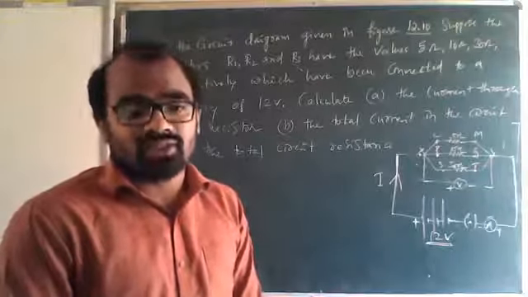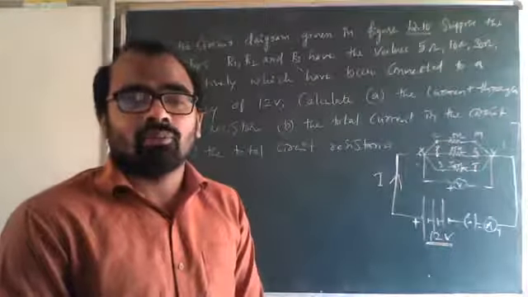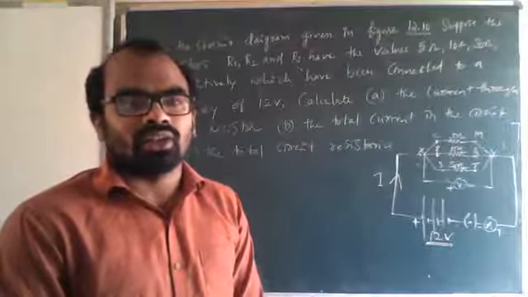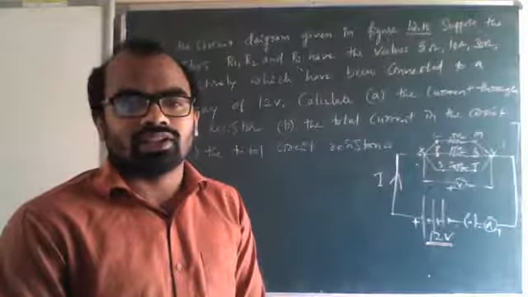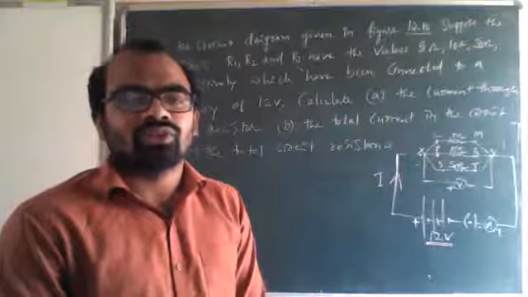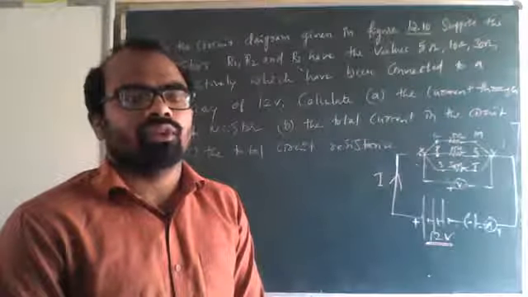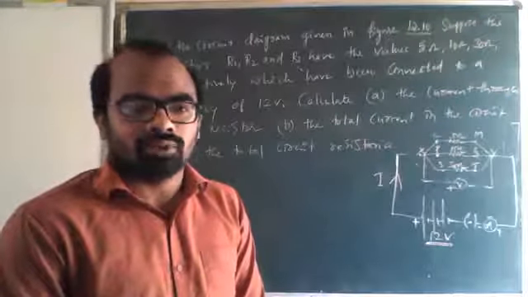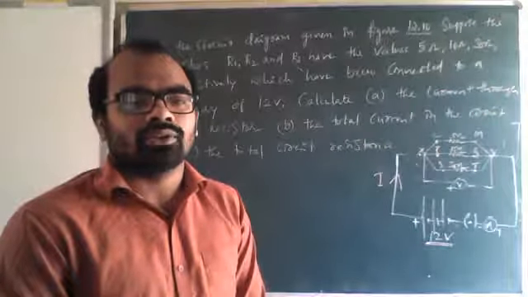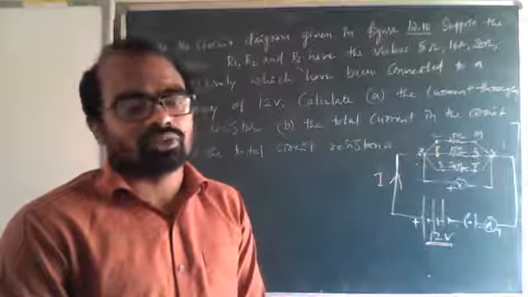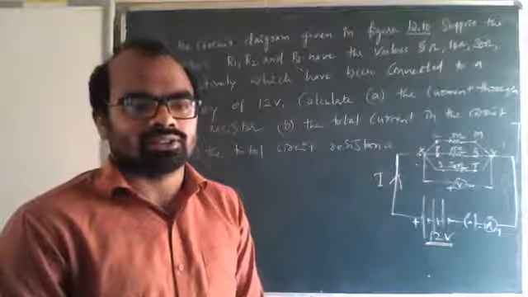So you try this; I will solve the problem in the next class. It is already in the NCERT textbook. Try to solve this problem and send me the answer on WhatsApp, and next class I will solve it and check your answers. Thank you.